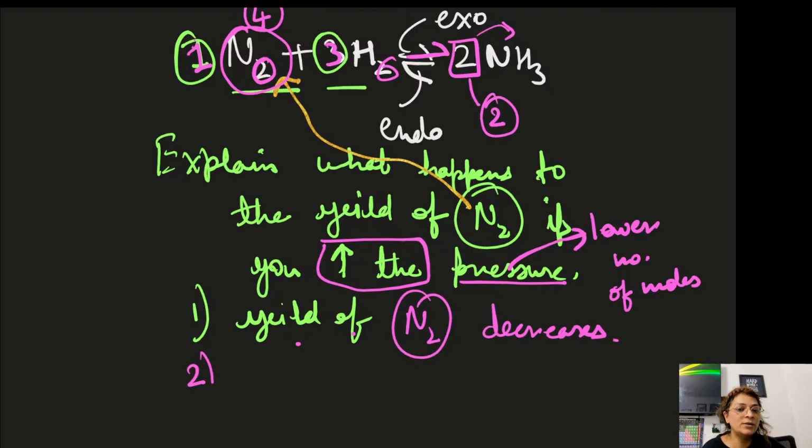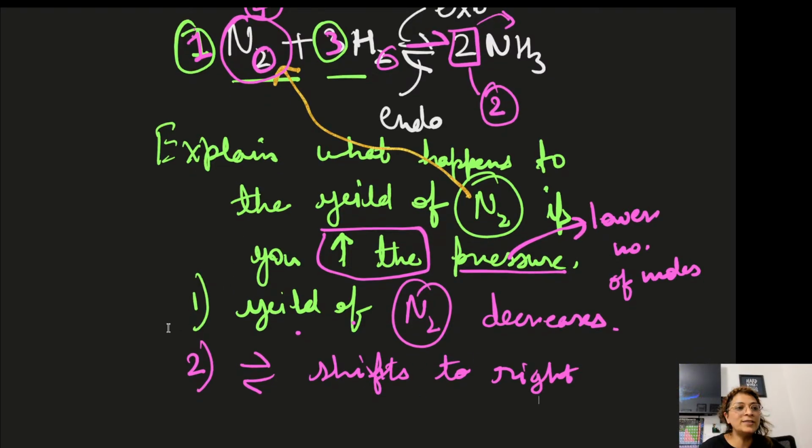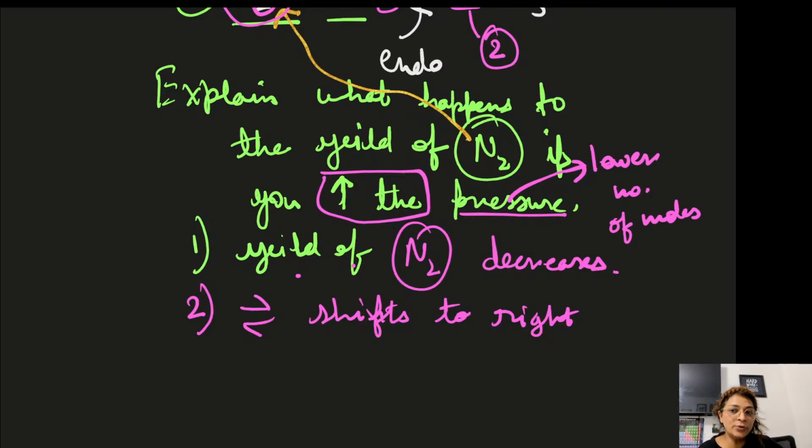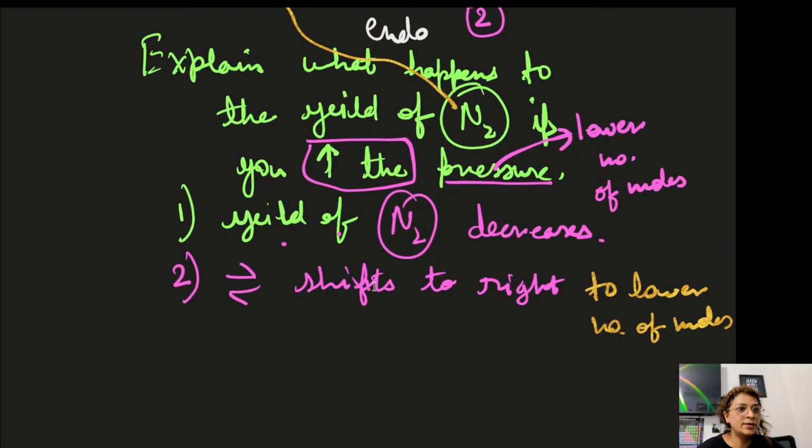1 mark. Why? Because equilibrium shifts to the right. Very good. Second marking point. Why is it shifting to the right? Tell me the reason. To the lower number of moles.